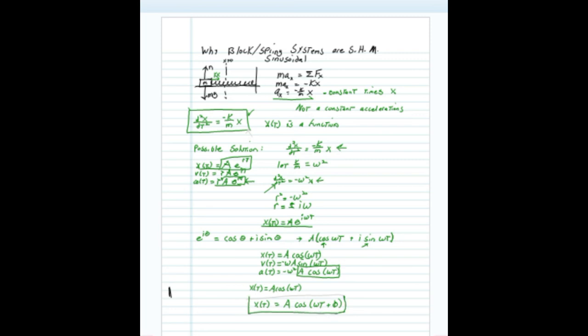And so that is the solution to this differential equation that we started with at the top. And what I want to really impress upon you is that basically anytime we end up with an acceleration that's proportional to the position with a constant in front, the math's always going to work out the same way, and we're going to always end up with some sort of cosine or sine function that describes that.